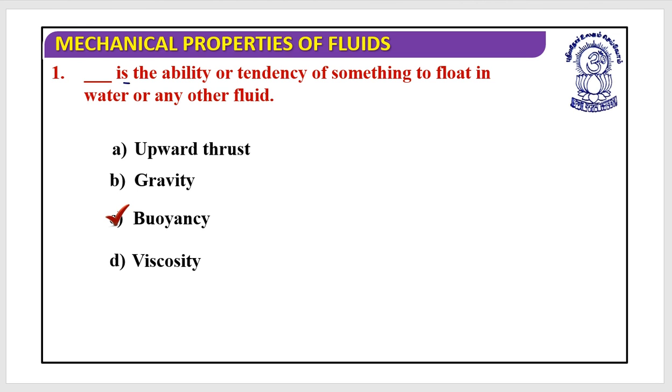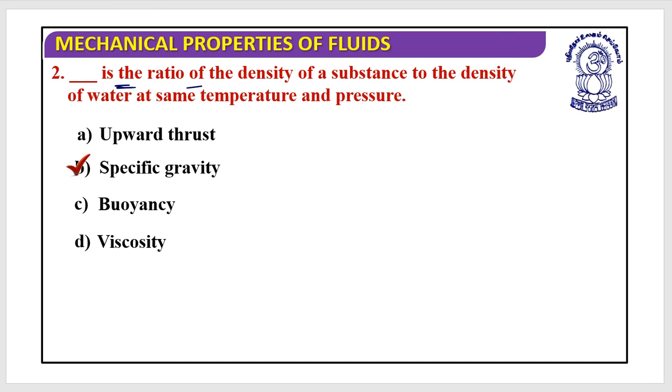Let's look at certain quick questions. Blank is the ability or tendency of something to float in water or any other fluid. Yes, buoyancy is the tendency or ability of something to float in water or any other fluid. Next question: blank is the ratio of the density of a substance to the density of water at the same temperature and pressure.